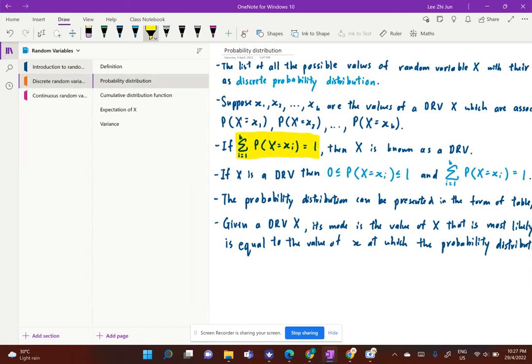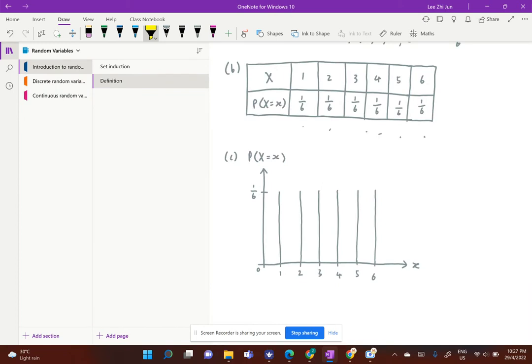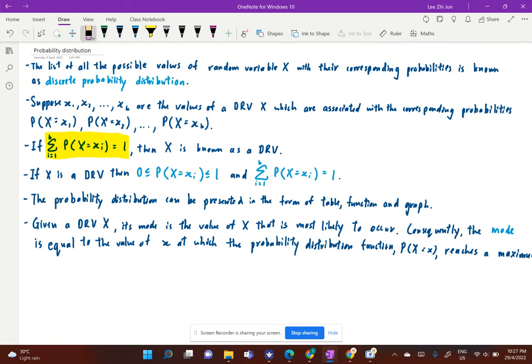Like just now, you can see 1 over 6 plus 1 over 6, this 1 over 6 times 6, so equals 1, so it is a discrete random variable. If the large X is a discrete random variable, then the probability interval is from 0 to 1.